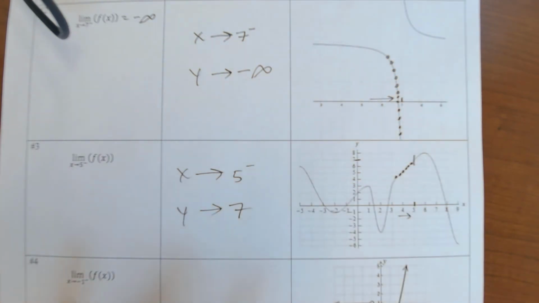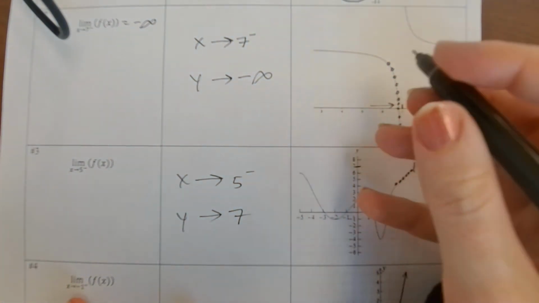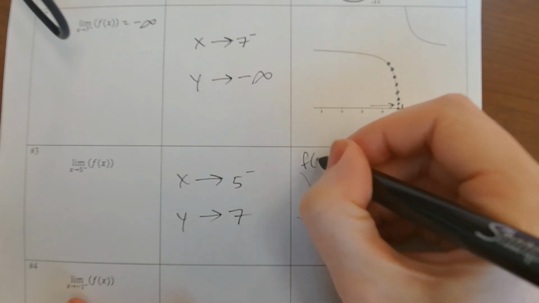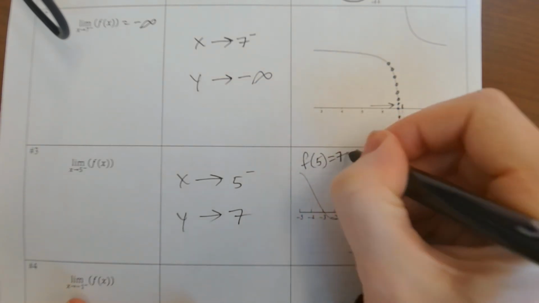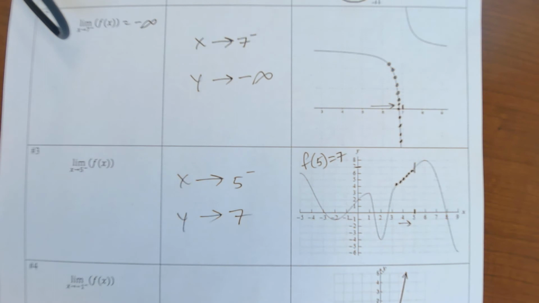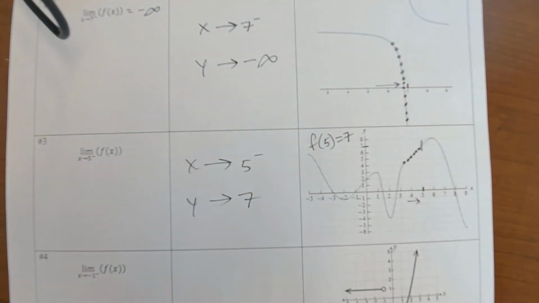But I want to make an observation here, guys. In this case, we've got f of 5 does equal 7. So here's a situation, just like when we were doing the interval thing, how sometimes the endpoint, the first number in the set, was equal to the limit, but other times the first number in the set didn't exist, but the limit did.